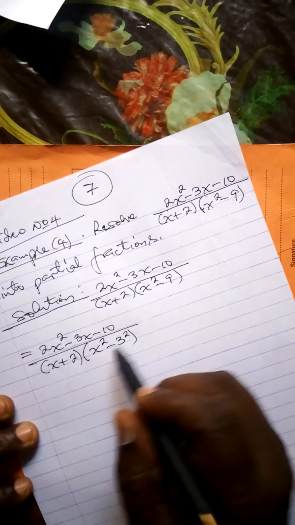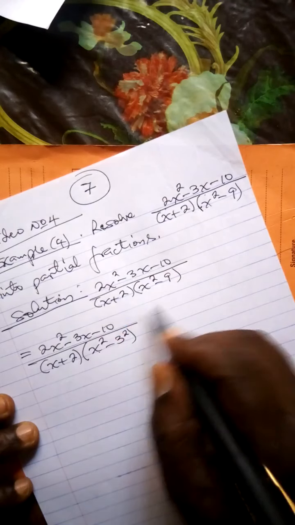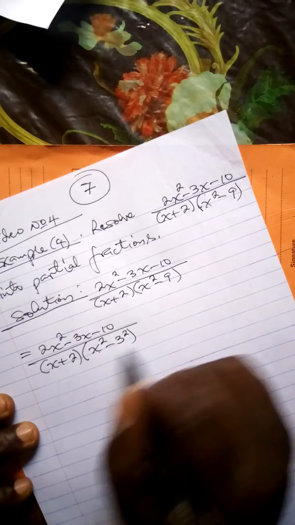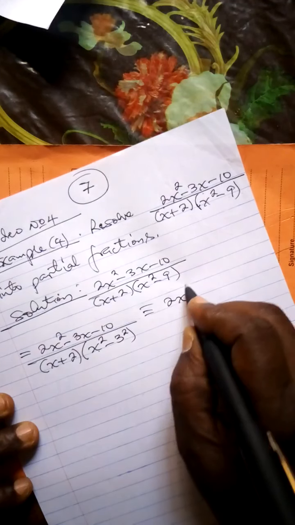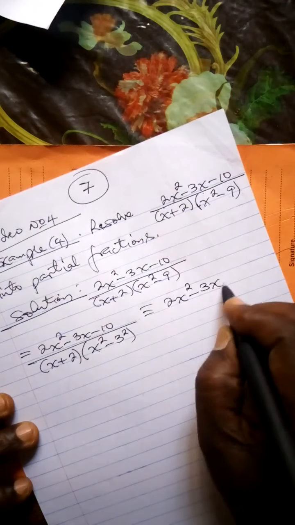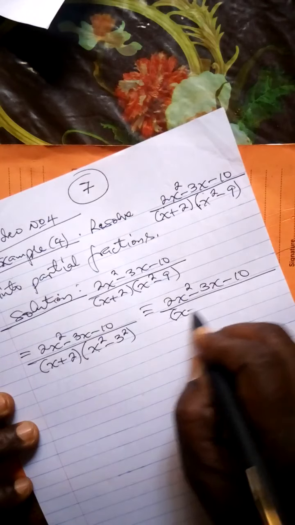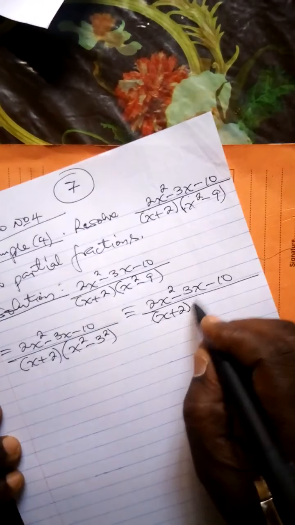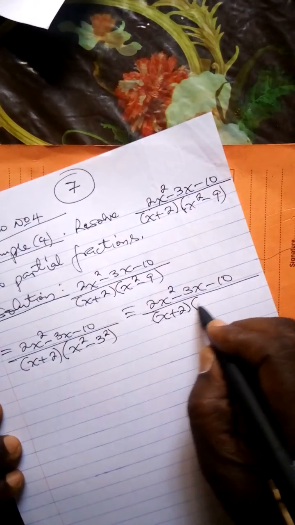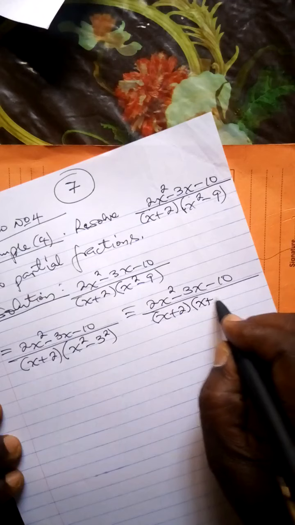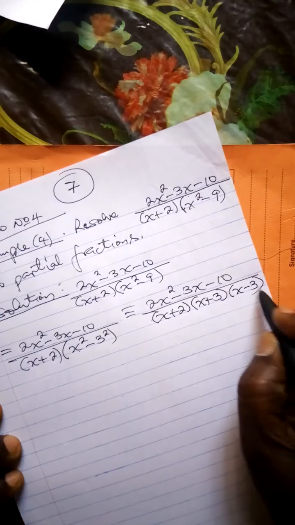You can see that this x squared minus 3 squared is a difference of two squares. You still remember your difference of two squares? So you apply it here. That is the same thing as (2x squared minus 3x minus 10) over (x plus 2) into (x plus 3)(x minus 3).